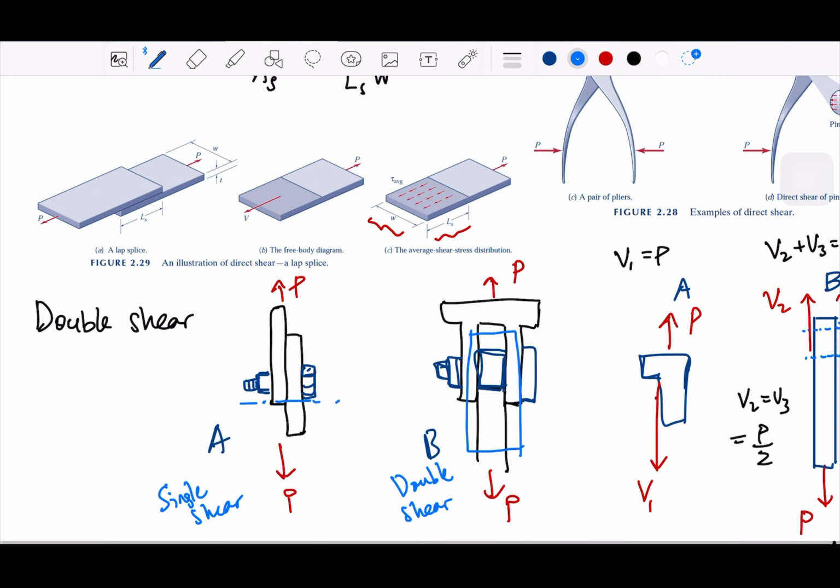The difference is, for the double shear, you need to divide by 2. Divide by 2 for the shear force and for the shear stress as well. I think it's better to have an example, but I will put the example in next week's class.